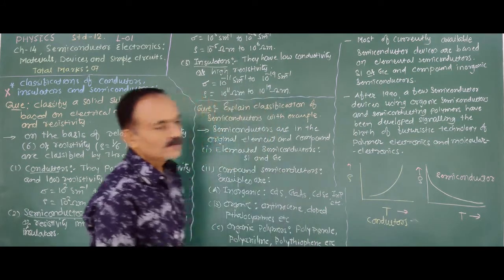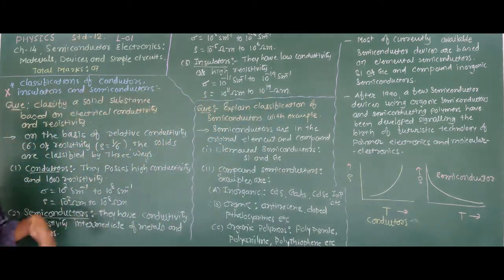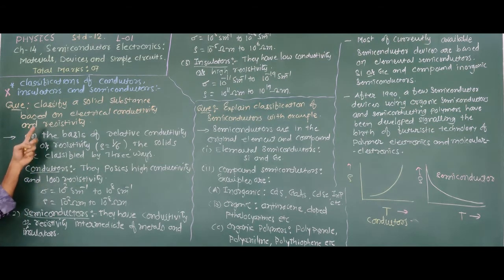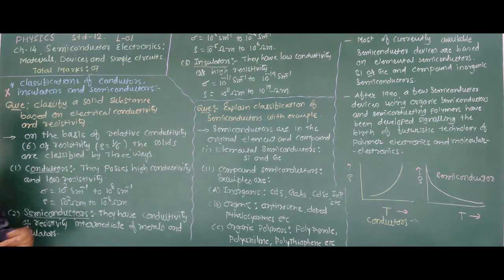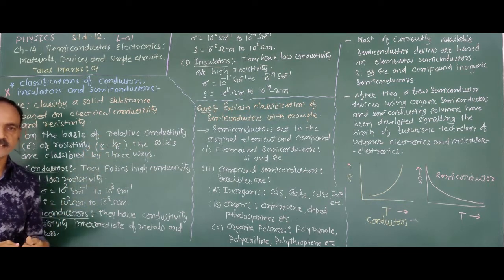Now the classification of conductors, insulators and semiconductors. The question is: classify a solid substance based on electrical conductivity and resistivity. On the basis of relative conductivity sigma, and resistivity rho equal to 1 upon sigma, the solids are classified in 3 ways.